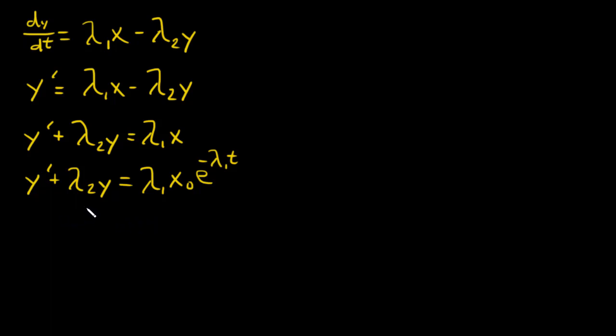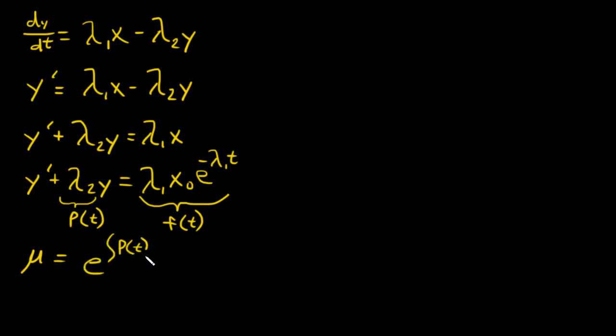So if I think about the integrating factor, that means that this piece that's in front of my y, I can call that p of t, and then everything that's over here, I'm going to call f of t. Okay? Now, my solution relies on finding mu, and mu is equal to e to the integral of p of t dt, right?